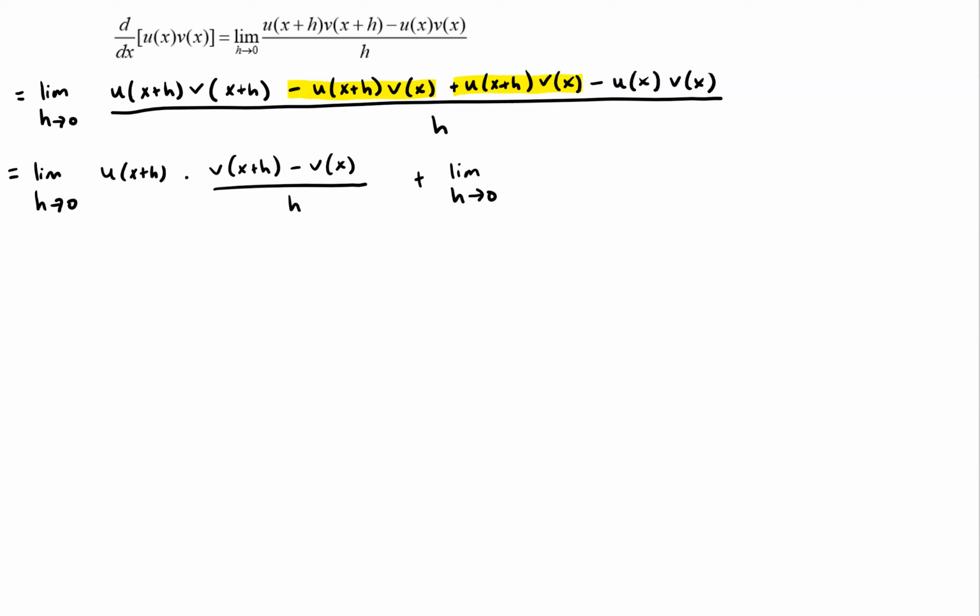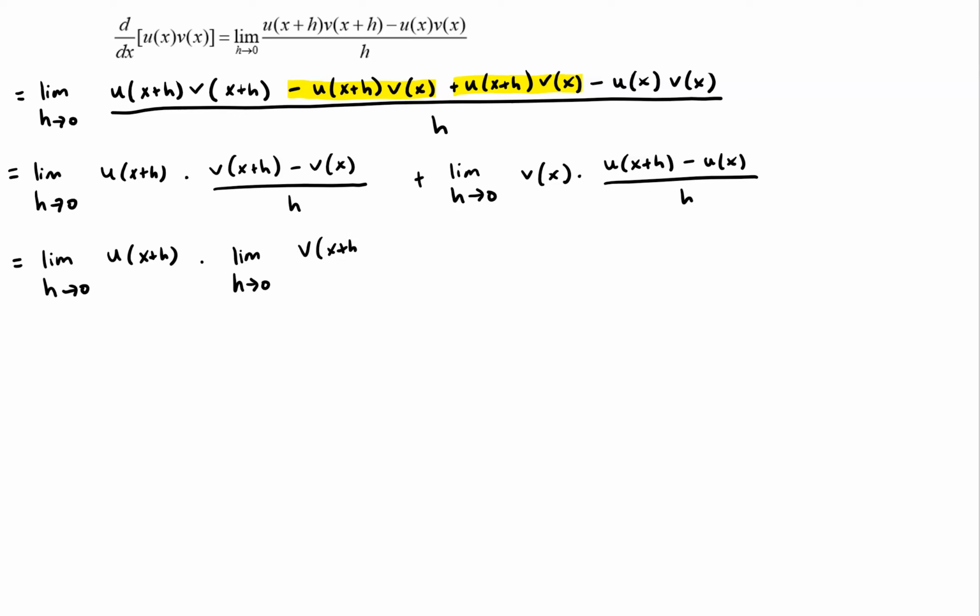And from these next two terms, I want to factor out a v of x over h. So now we have these two limits, and we want to simplify this. I'm going to separate these into separate limits. So this is the limit as h approaches 0 of u of x plus h times the limit as h approaches 0 of this thing.